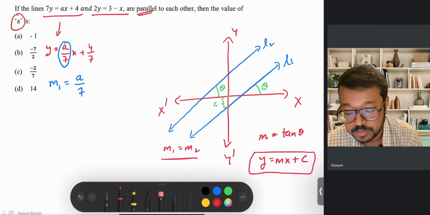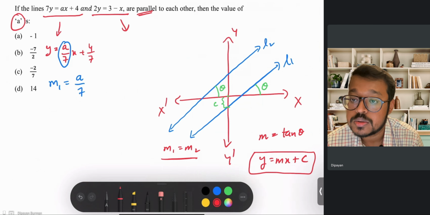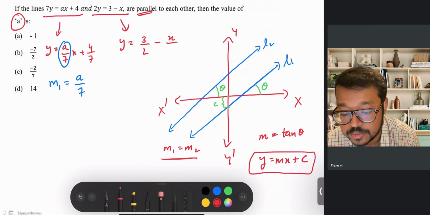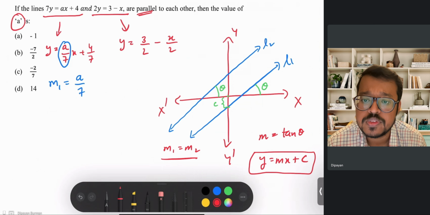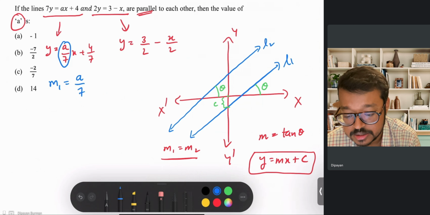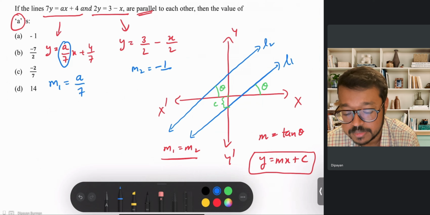And for the second equation, 2y equals 3 minus x, I can move 2 to the other side. So I will have y equals 3 by 2 minus x by 2. So the coefficient of the x term is minus 1 by 2. So I can say that the slope of this line is minus 1 by 2.